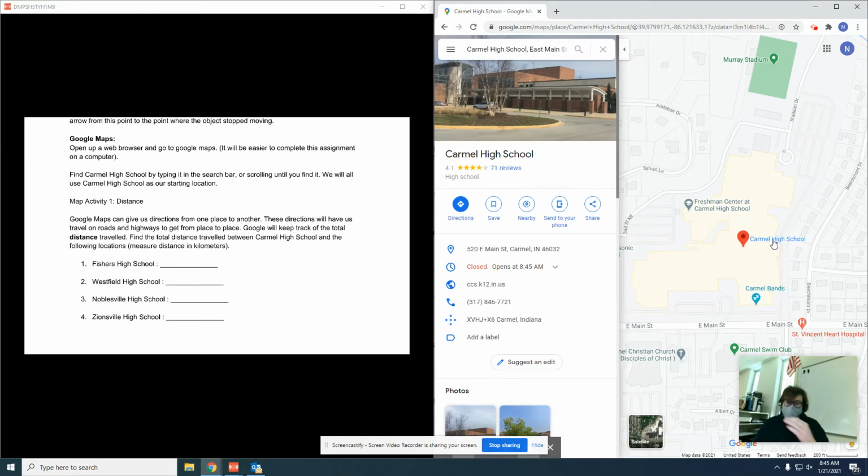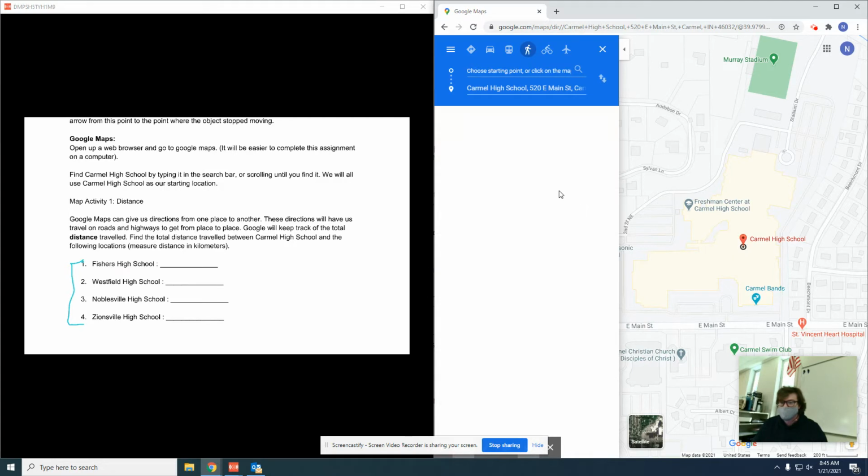In this first section of the activity, we are going to find directions from Carmel High School to all 4 of these different locations. So Fishers, Westfield, Noblesville, and Zionsville High Schools. Again, sorry about the bell. So once I have found Carmel High School, I can press this little directions button, and then I want my starting point to be Carmel High School.